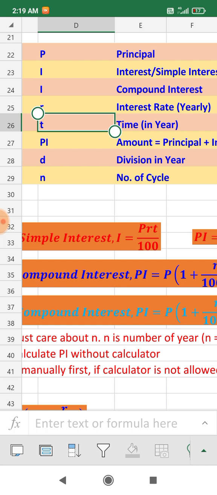This depends on these two things. Number of cycle means total how many times the interest will be calculated throughout the whole time of investment.